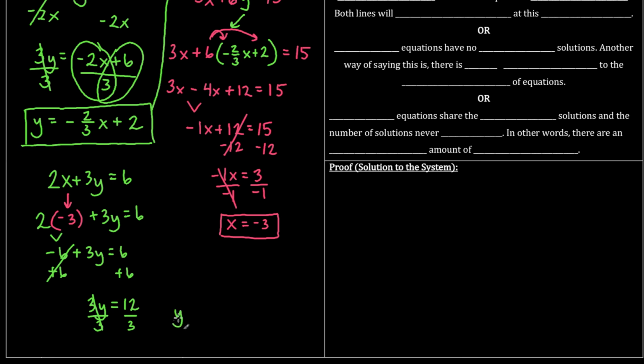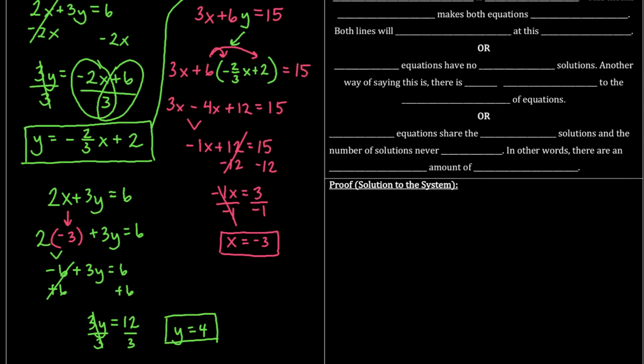y equals 4. And so my solution will be negative 3, comma 4. So my solution to my system will be negative 3, positive 4.